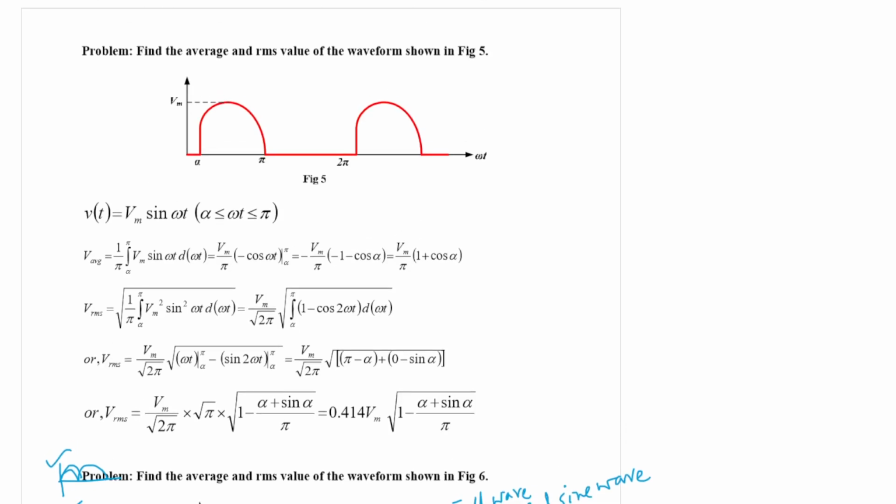Now the last waveform is a special kind of waveform that is normally encountered in power electronics courses. It is the rectified version by SCR, where this angle is called alpha. It is called the firing angle.